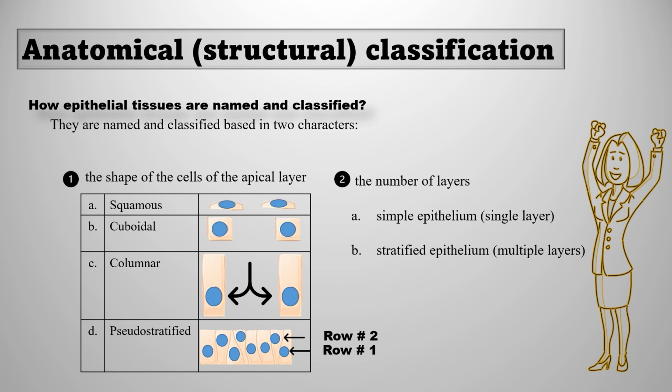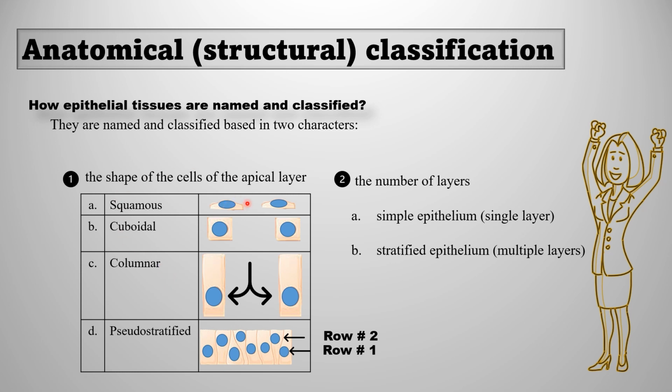So here we have three main shapes of cells that could be seen in the apical layer.